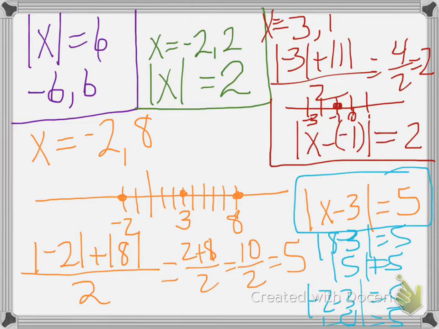So I'd have -1. That's my middle number, so that goes in here. Okay, so then I have x minus -1, or those change to plus. So my final answer is the absolute value of x plus 1 equals 2.